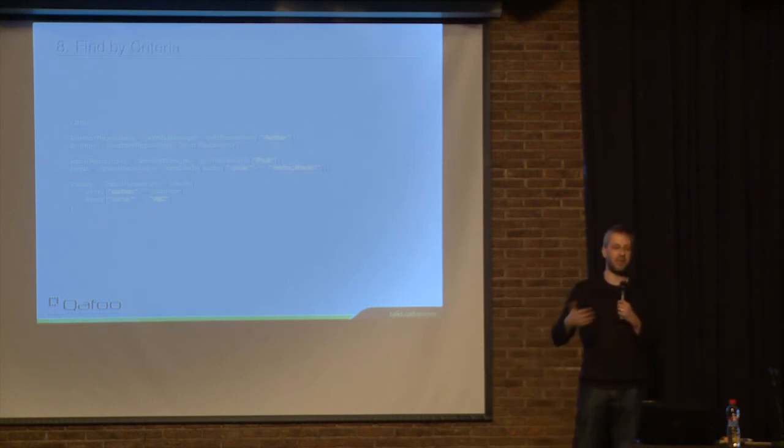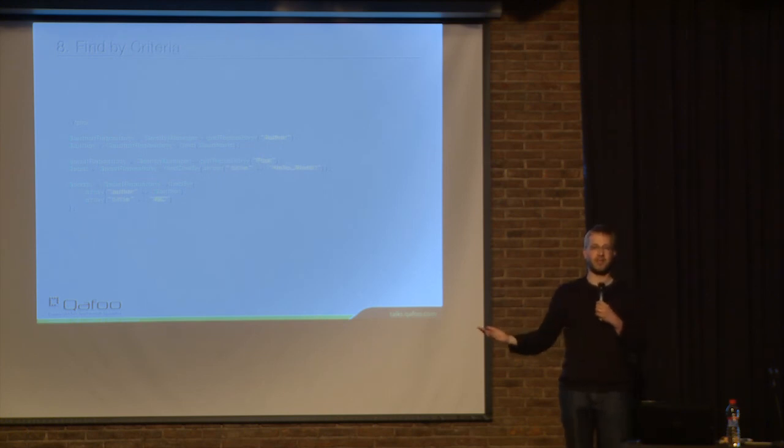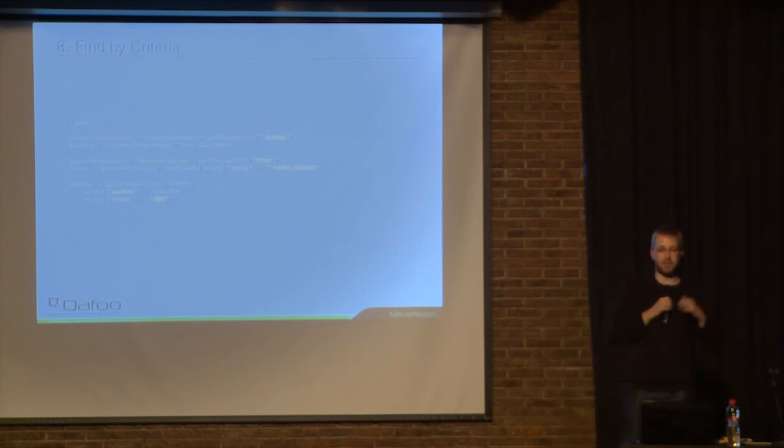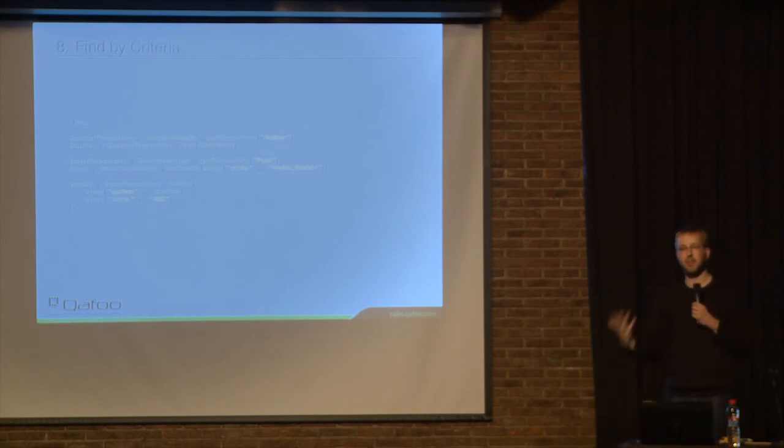Each class or each entity has a corresponding repository class, which has a bunch of methods to allow you to find objects using key value pairs, using criteria, and many different ways to get access to objects. But this, as I said, is sort of not very powerful as well. You can do some use cases, but not so complex ones.